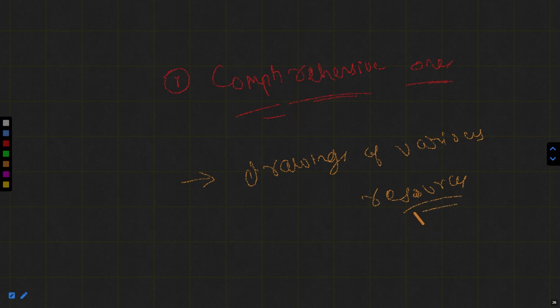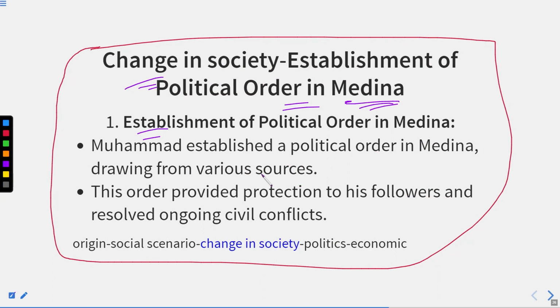It means not only one person was drawing the order, but he had taken the help of various resources and persons as well. Okay, this order provided protection to his followers and resolved ongoing civil conflicts, like what was going on in ancient Arabia, like raiding and looting, establishing your dominance, slavery, and all these things. These kinds of things were banned under the political order in Medina. All right.